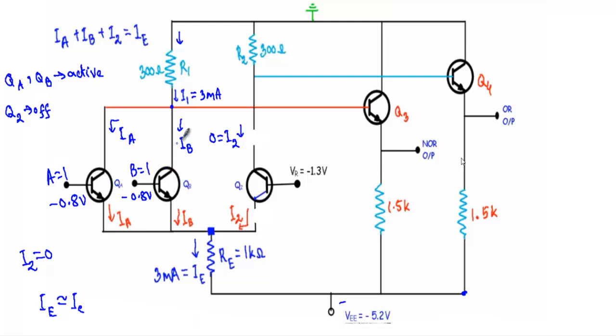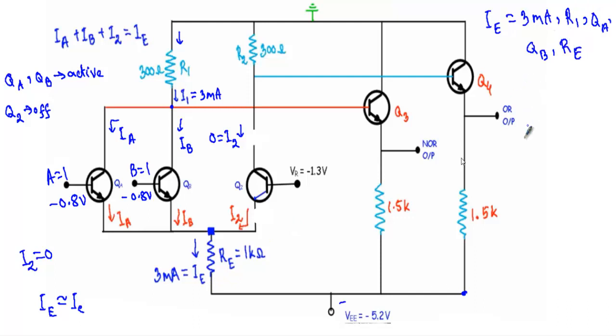Okay, so here you will see this 3 milliampere current will divide, and when IA and IB get into this point, they will be added up to equal 3 milliampere. So I can write that our I equal to 3 milliampere will flow through the resistor R1, the collector terminals of the transistors QA and QB, and the resistor RE.